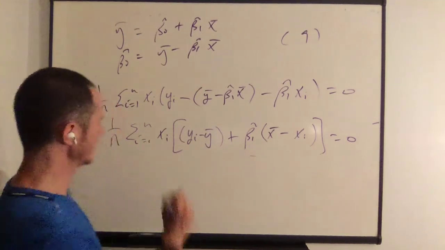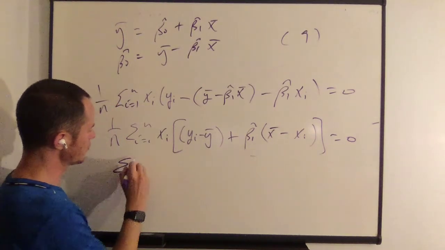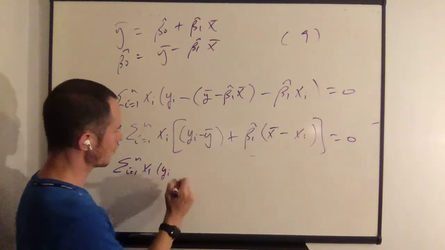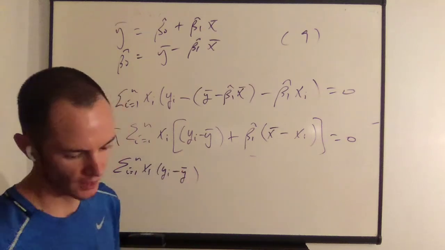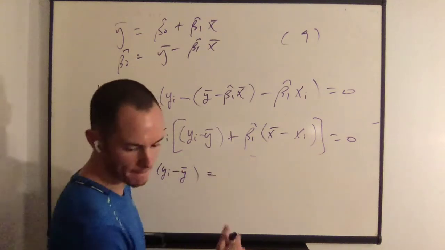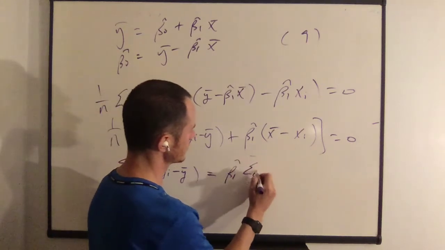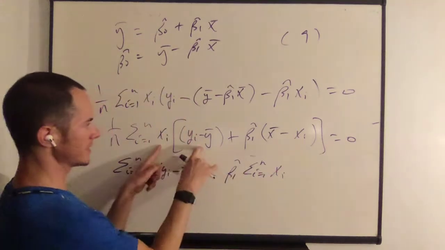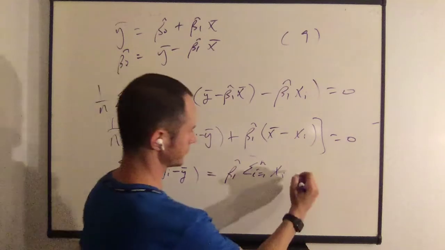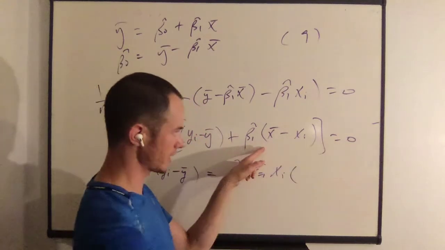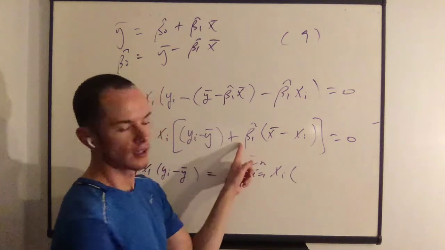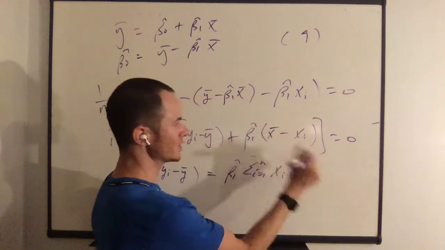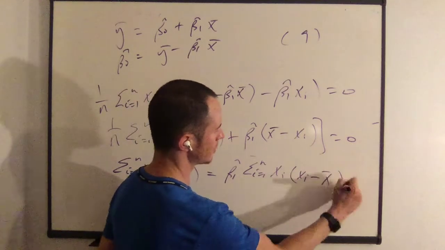What we're going to work with is the sum from i equals 1 to n of xi times yi minus y bar, that is equal to beta 1 hat times the sum from i equals 1 to n of xi, because xi is multiplied times this term, and xi is multiplied times this term. And now we've brought this term to the other side. There would be a negative sign in front of here, but we can multiply through and switch the signs inside this term so that you have xi minus x bar.